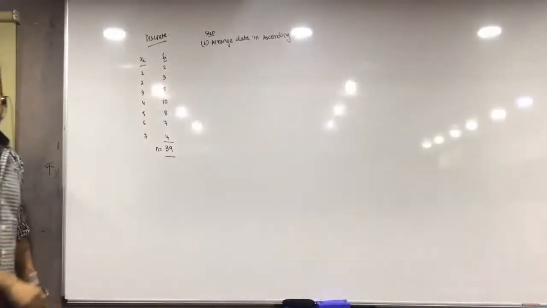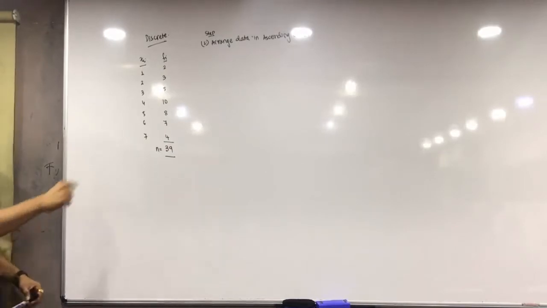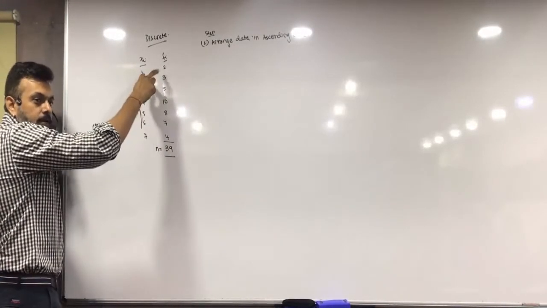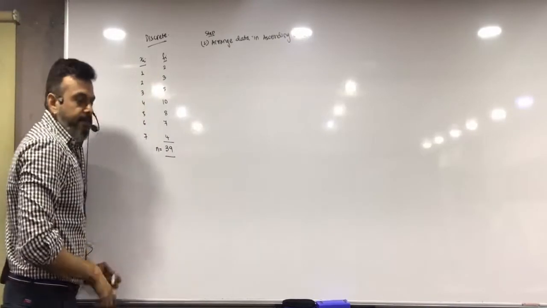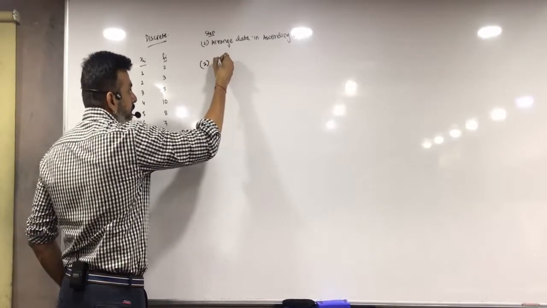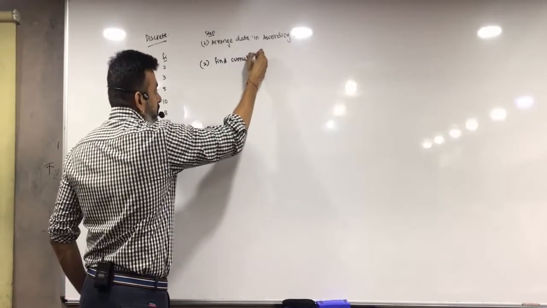Generally ascending order is given, but many times it can happen that you are given 4, 10 first, 6, 7 second. So this may not be in ascending order, so you have to first make it ascending. Then second, you find the cumulative frequency.